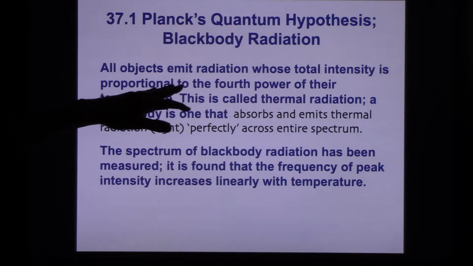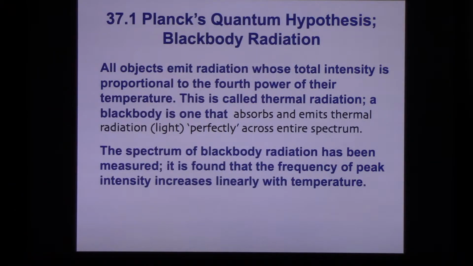So all objects emit light in different parts of the spectrum, depending on what their temperatures are. Objects like stars that are at really high temperature, a lot of the light they emit is in the visible part of the spectrum, and so they light up. We can see those objects.